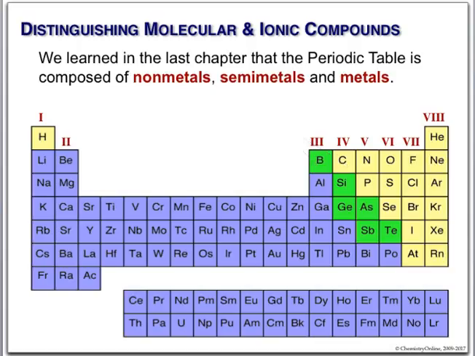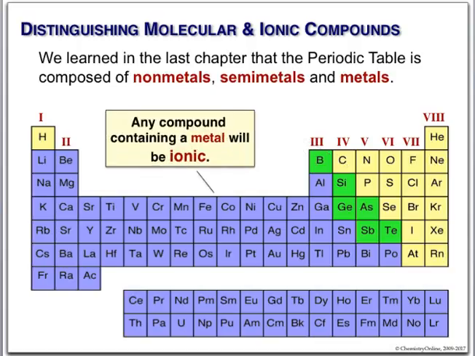If, however, you have a compound containing a metal at all, any metal, it will be an ionic compound. If it contains a metal, it will be ionic.